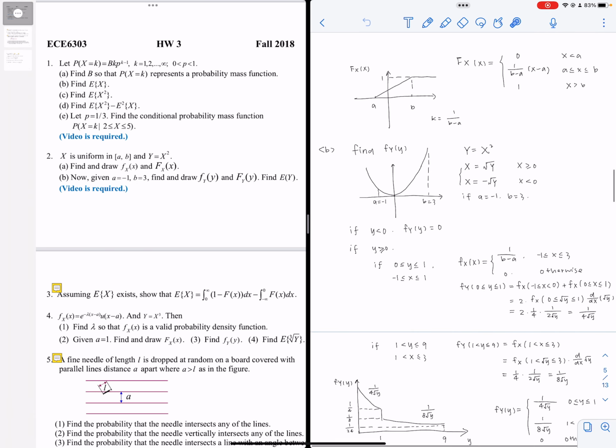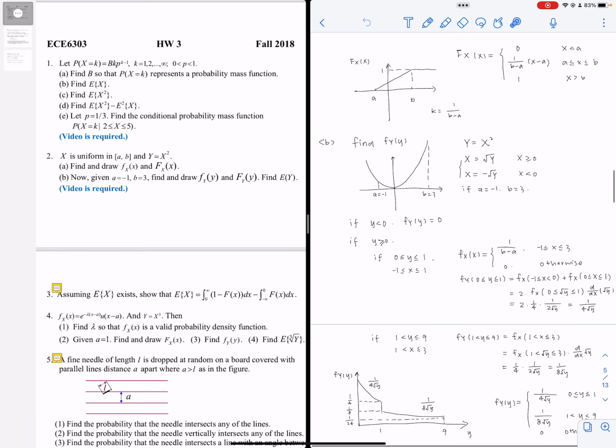And if y is bigger or equal than 0, then we have to kind of divide this interval from minus 1 to 3 a little bit, because from 0 to minus 1 and from 0 to 1, we have like this symmetric interval.